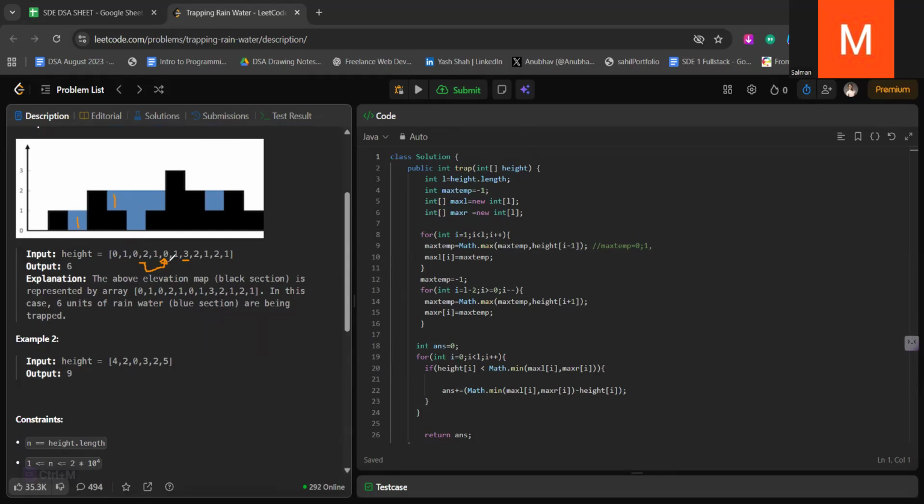So the answer comes out to be 2 minus 0, which is 2, right? So you can see here, it is storing 1 plus 1 unit. So now it's about 2 units. Fine. Now let's move on to our seventh index of the array. Seventh index.